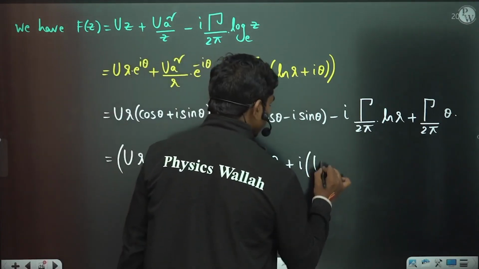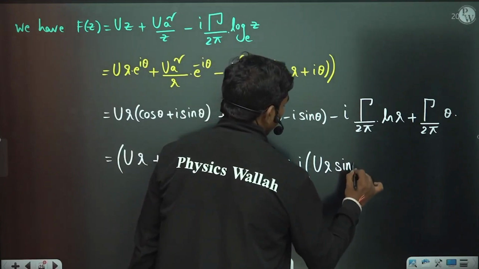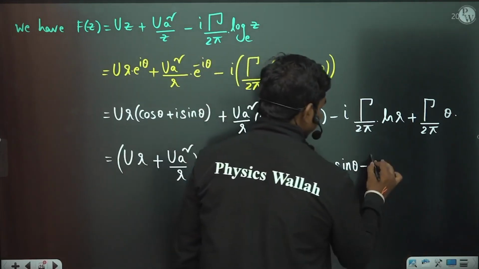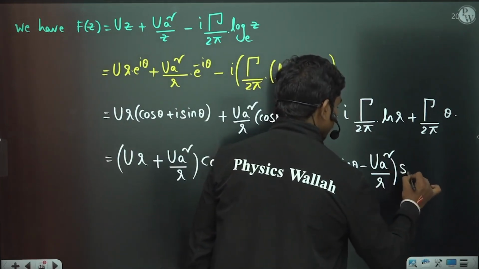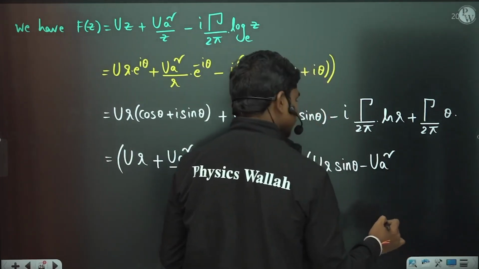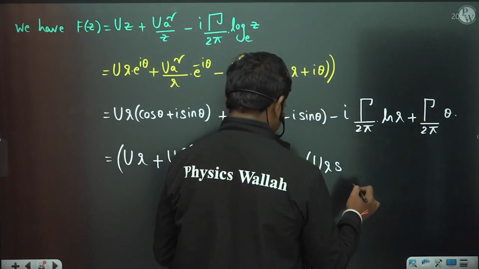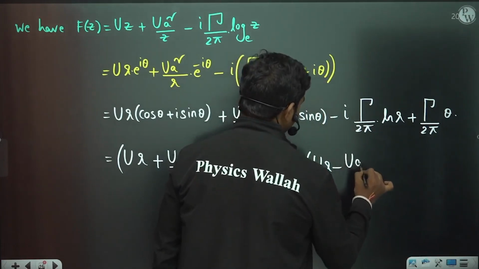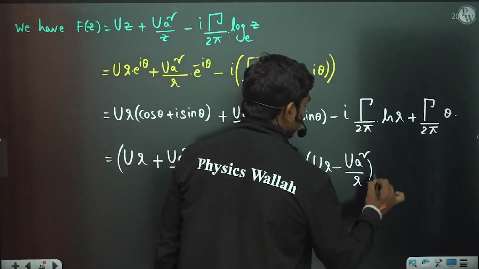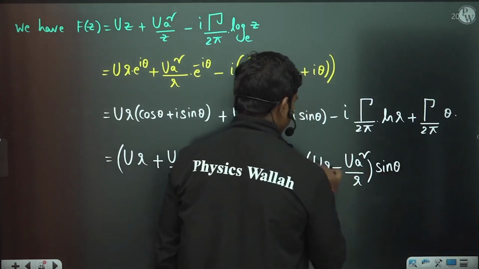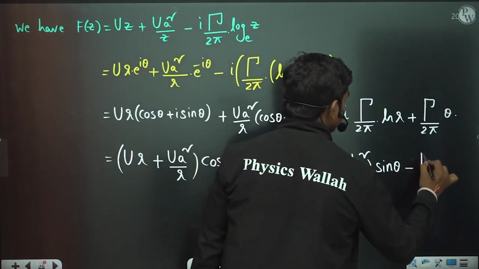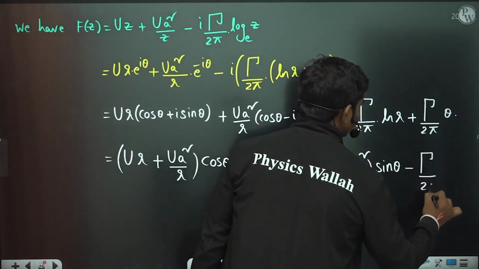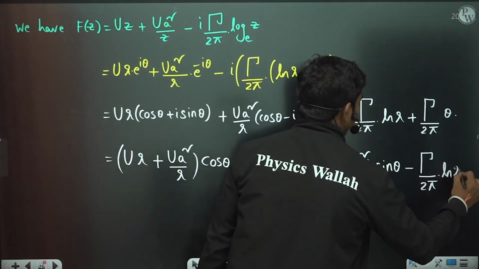Let us write this as a single term: u (r minus a square by r) times sin theta, minus circulation by 2 pi into ln r.